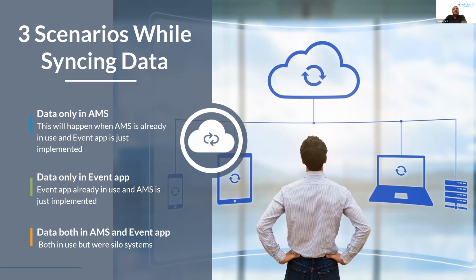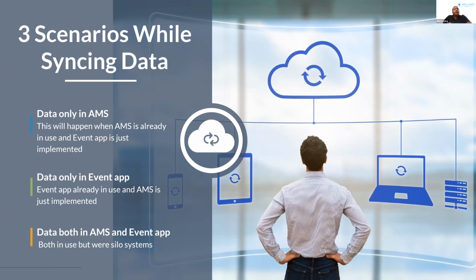Now, when you are actually moving your data between two systems, there are three scenarios. The first scenario is that the data just resides on your AMS system. This will happen when you are using an AMS system and not an event app, so there is no data in it, but you have just bought an event app, maybe a Fonteva event app or Salsa event, whatever it is, and you want to integrate it.